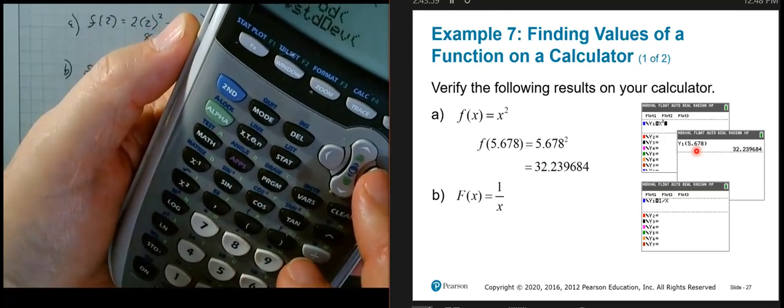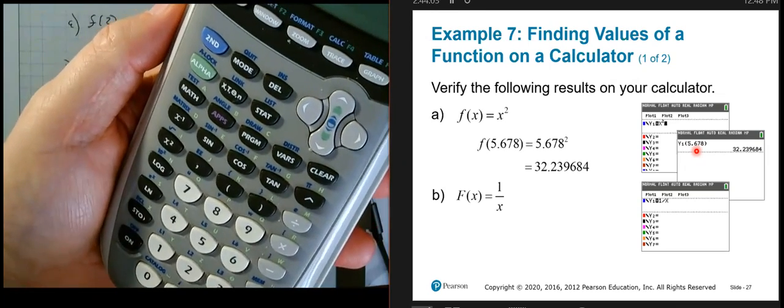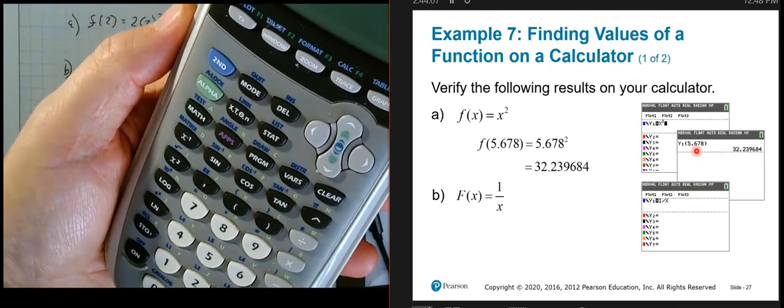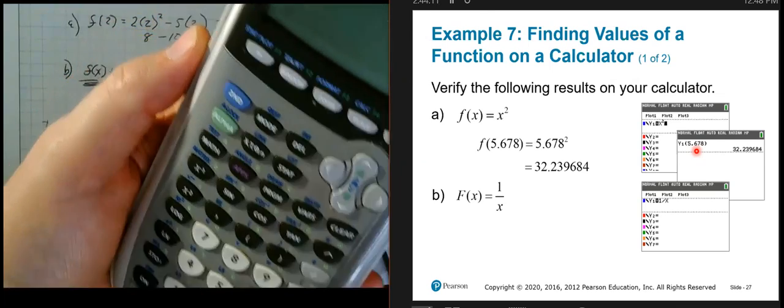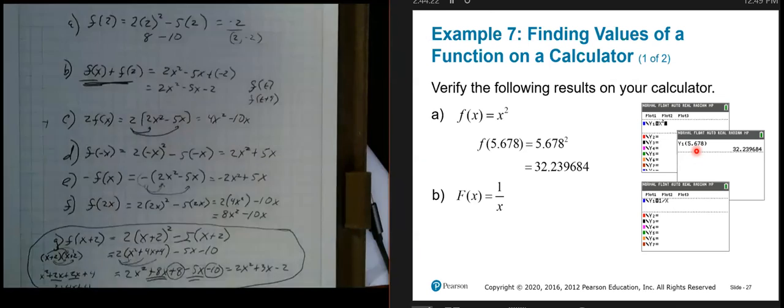Let's see. No. There's a way to put Y sub 1 up there. I used to know all the bells and whistles on this machine, but I use it so seldom now. Anyway, I got a lot of calculators, more than I need to have.